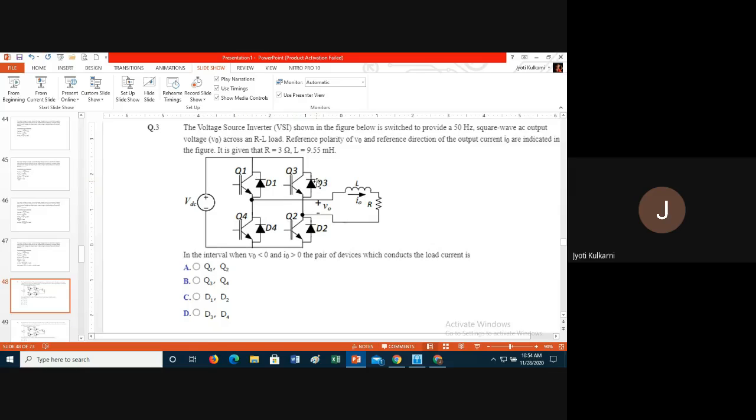Now, to make the current I0 flow in the same direction, how will I have the supply? Let's see. Assume that from Q2 I am going to start.